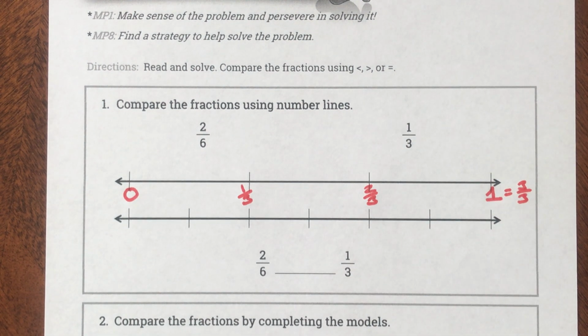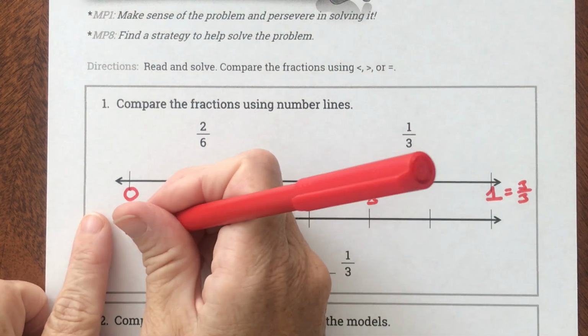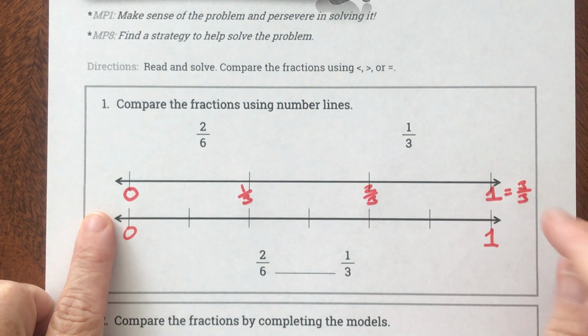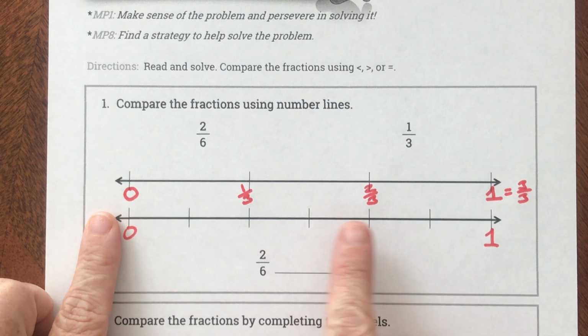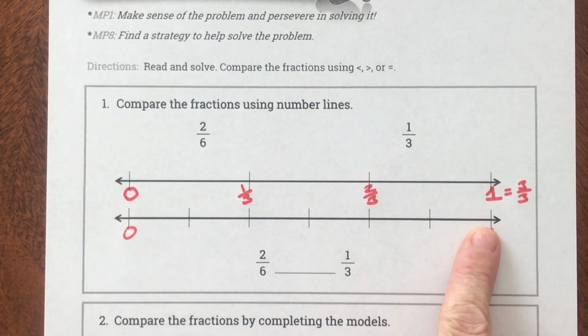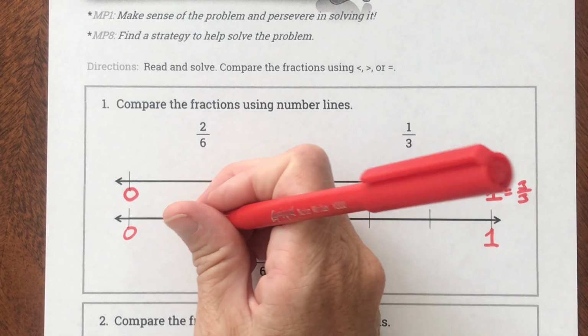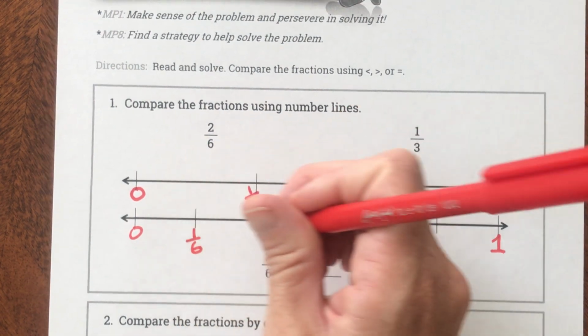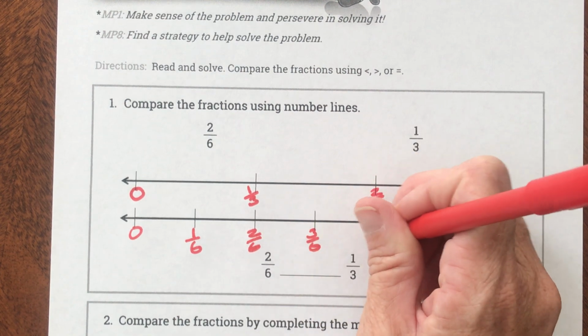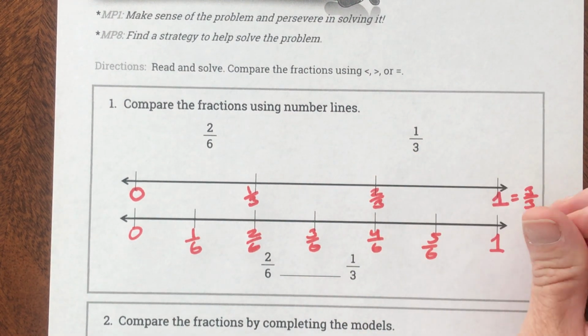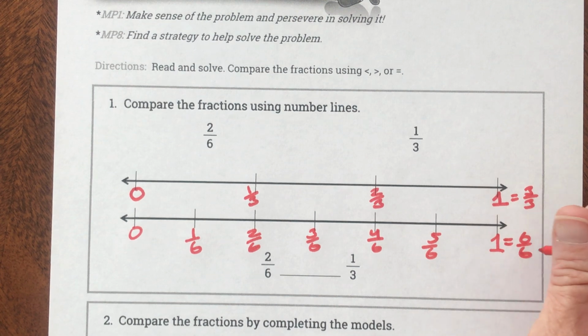Okay, let's look at my next number line. Again, I'm going to do 0 and 1. And my 1 number was partitioned into 1, 2, 3, 4, 5, 6 parts. So my denominator is going to be a 6. So we have 1/6, 2/6, 3/6, 4/6, 5/6, and 1 is equal to 6/6.